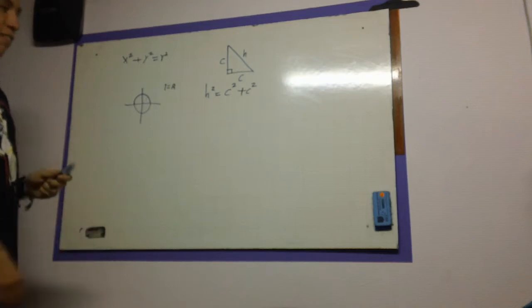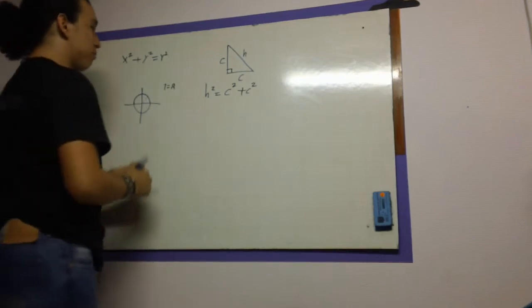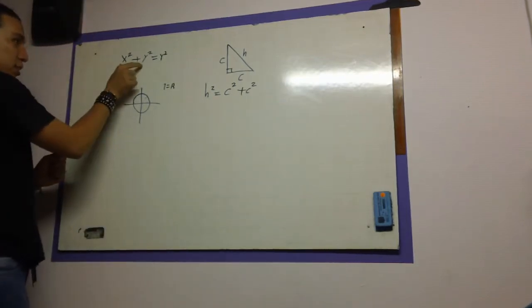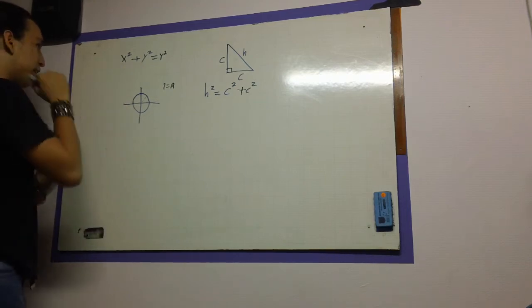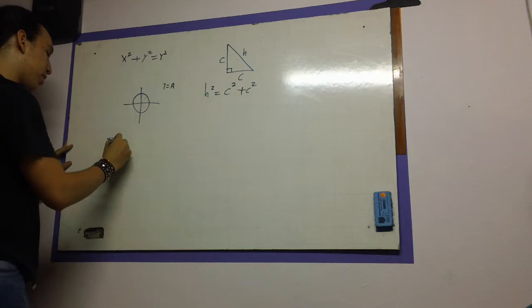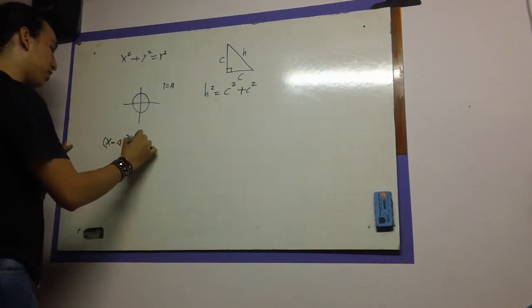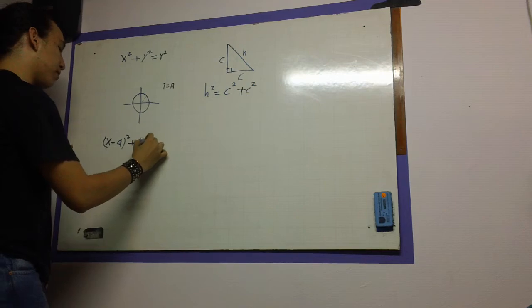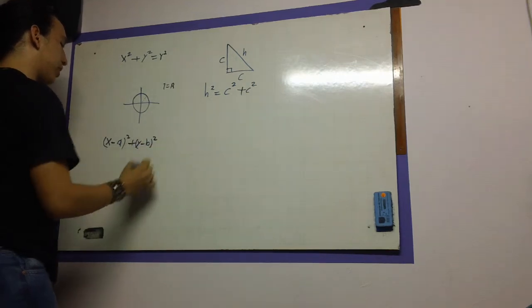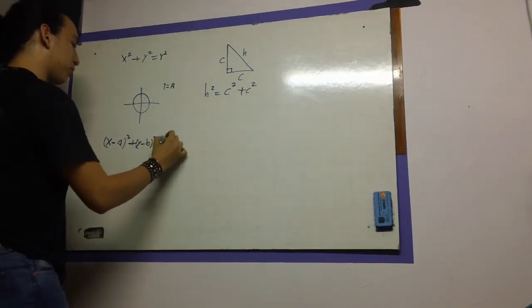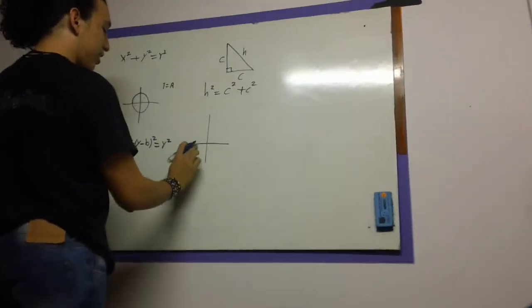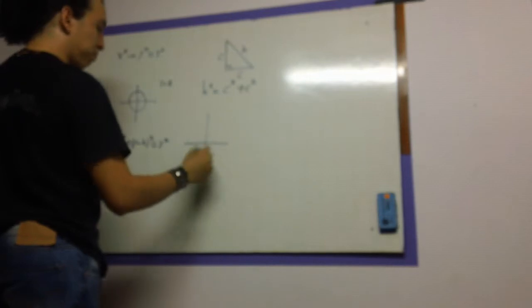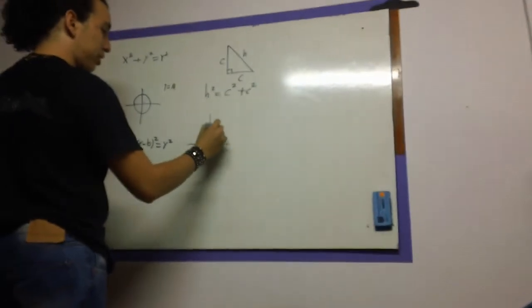The fun thing is what I told you some time ago about when we move this. For example, if we do x minus a squared plus y minus b squared equals radius squared, you're going to have something like this. Let's say this is going to be the center of the circle.